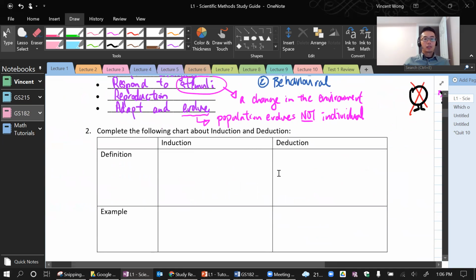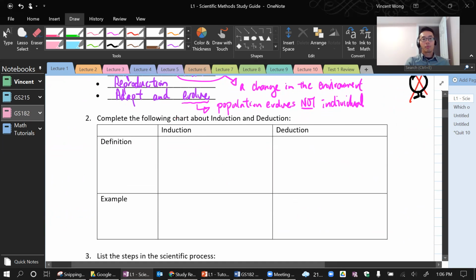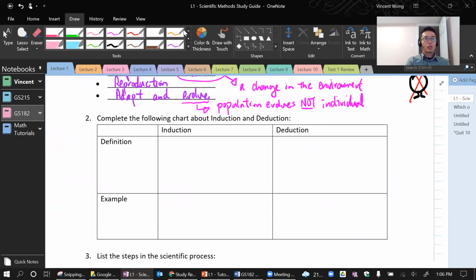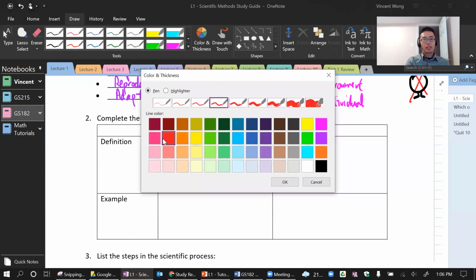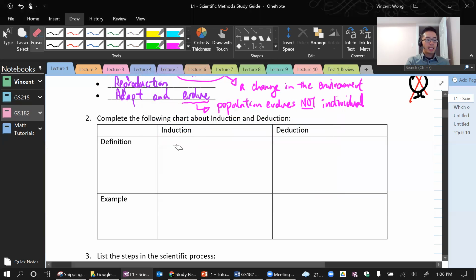All right, moving on. We have two words that are very confusing for a lot of people: induction and deduction. So let's start with the meaning of each, and then we are going to come up with some examples to illustrate it. Let's use red here. Induction.